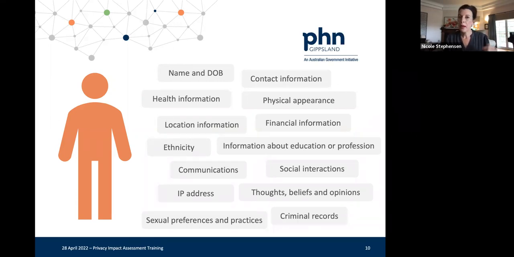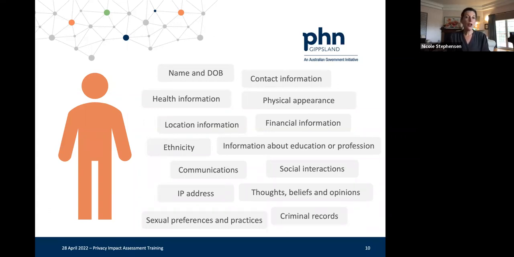So for example, if there is communication with an individual via social media, that is personal information. The opinions, for example, that they express as attached to their identity, that's personal information. Things like an IP address are also personal information. Thoughts, beliefs, opinions, criminal record, and sexual preferences and practices.